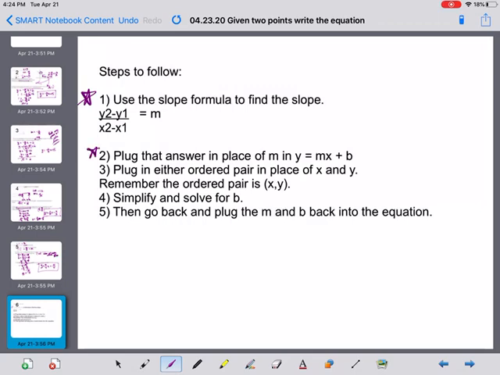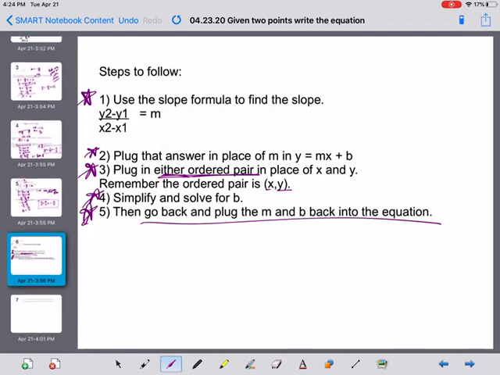Plug the answer in place of m in y equals mx plus b. Then pick either of the ordered pairs. Sometimes one is easier than the other, but it really doesn't matter. Remember, an ordered pair is x comma y. Simplify and solve for b. And then the step that people forget is to go back and plug it back into the equation.